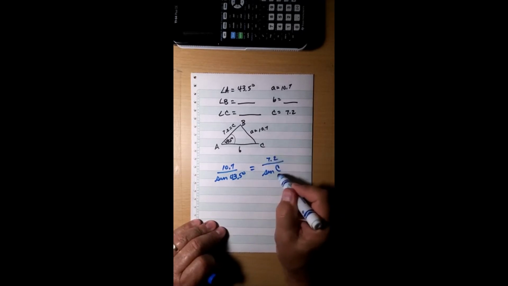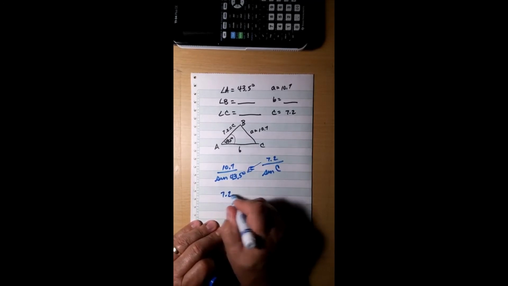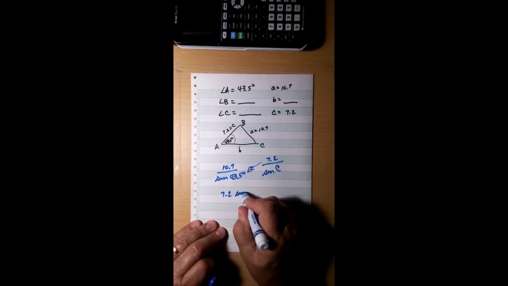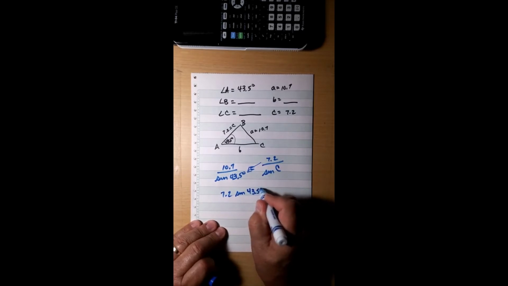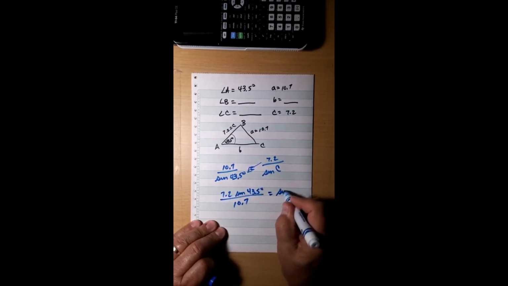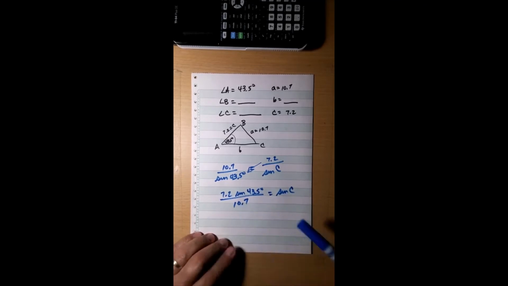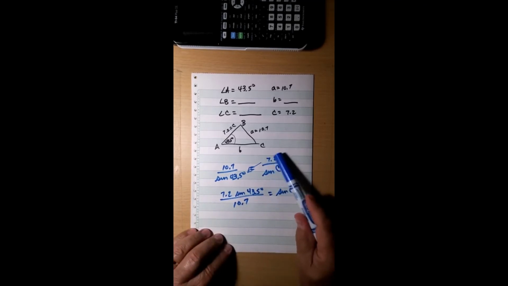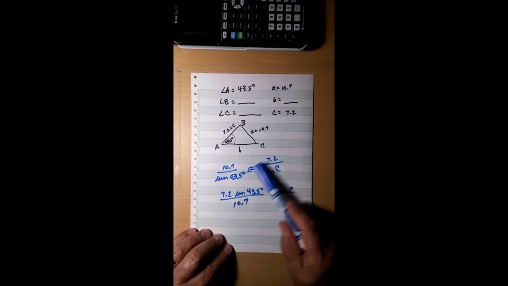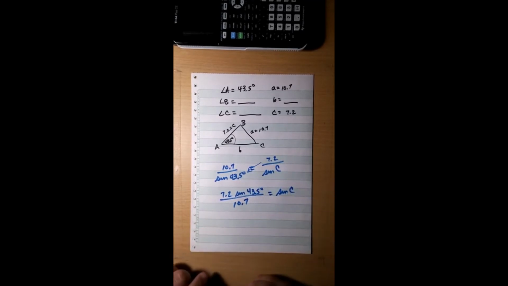You take that side that you're looking at stuff for, cross multiply, divide by the third. 7.2 times the sine of 43.5 degrees over 10.7. Now you can figure that out each time, but you'll get the same answer each time. The sine of C is equal to this. Take that with the unknown, cross multiply, divide by the third. And that's what that unknown is.